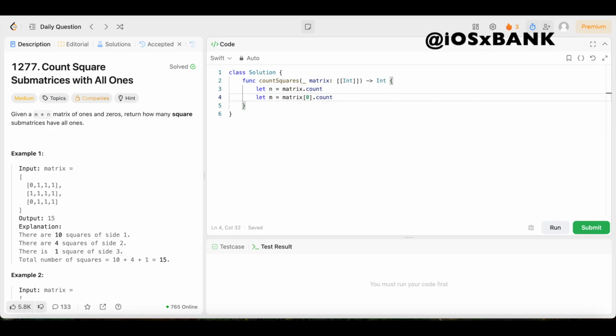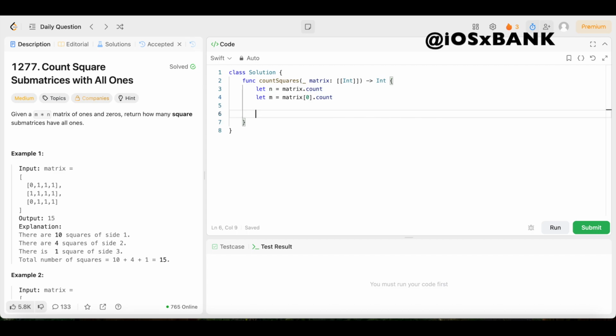Then we're going to use some dynamic programming, which will store the size of the largest square submatrix that ends at cell i and j. So, for example, if dp[i][j] equals 3, that means there's a 3 by 3 square ending at i and j.